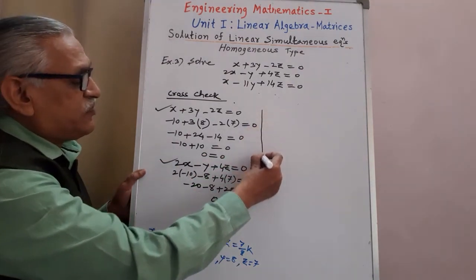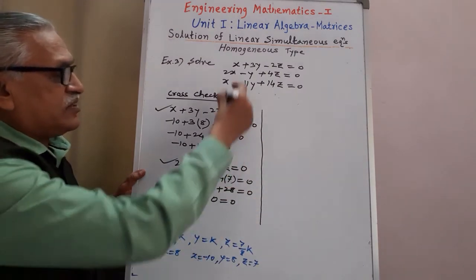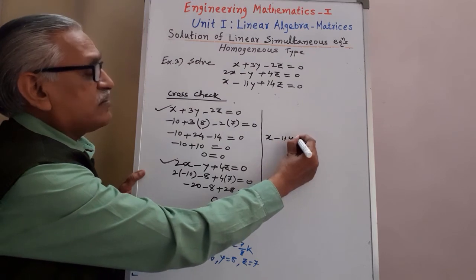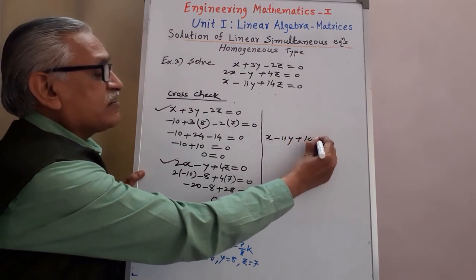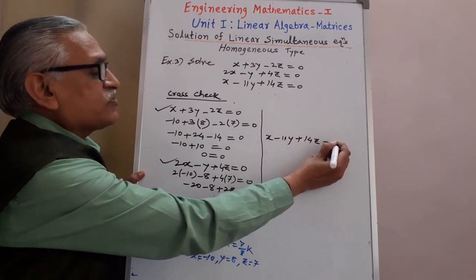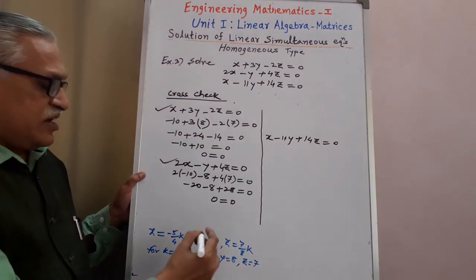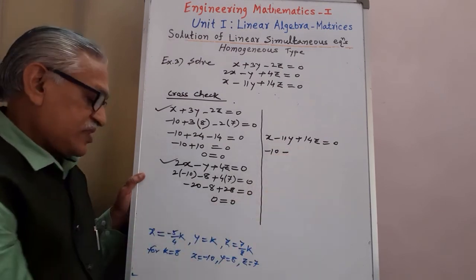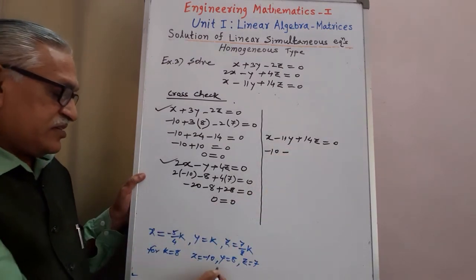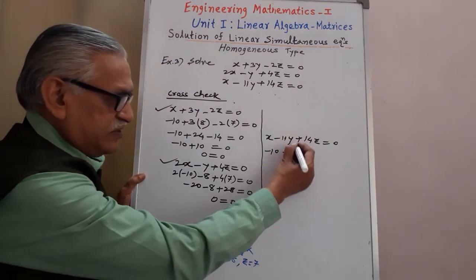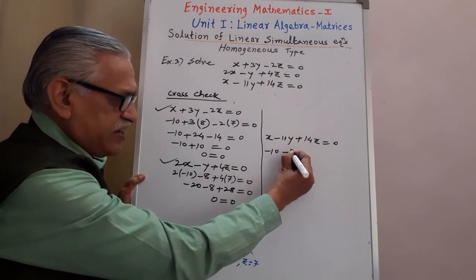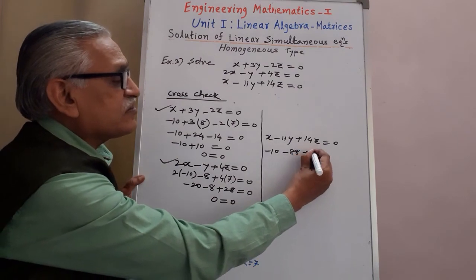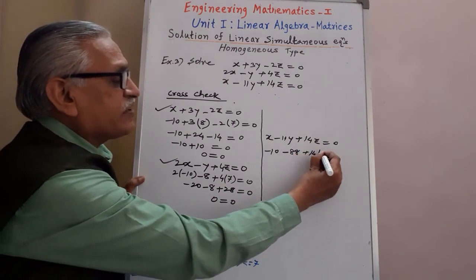Then we go for the third equation. Third equation is x minus 11y plus 14z is equals to 0. Substituting the values, x as minus 10, minus 11 times 8, 11 times 8 we get minus 88, plus 14 into 7.